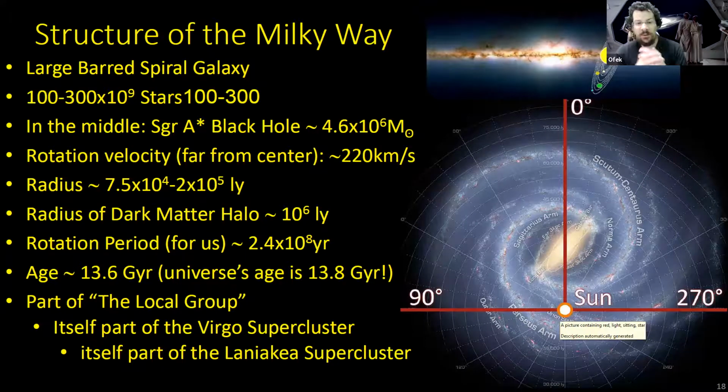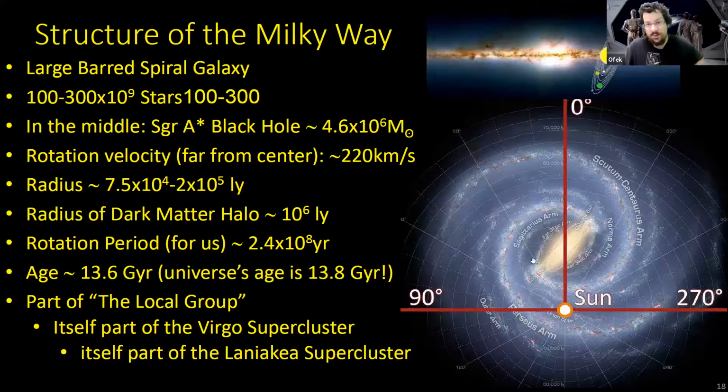The full radius of the Milky Way is not exactly the same everywhere, but we estimate it between about 75,000 to 200,000 light years. So that's between about 30 kiloparsec to about 60 kiloparsec, something like that.